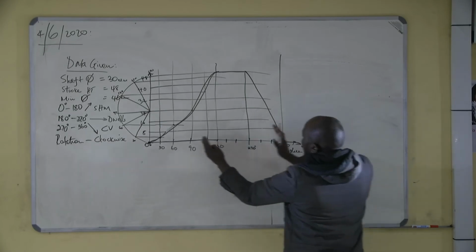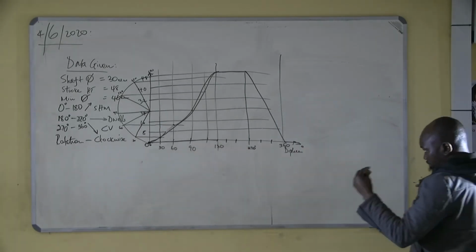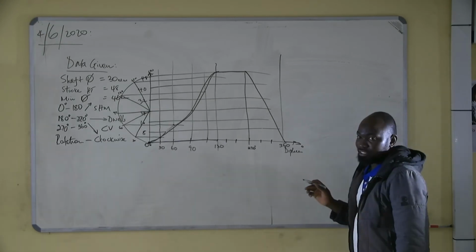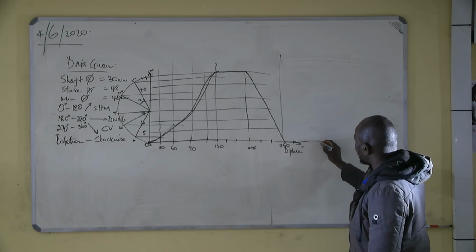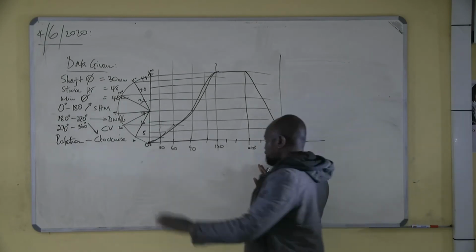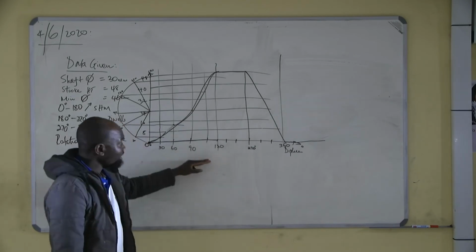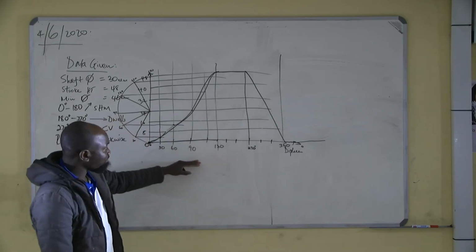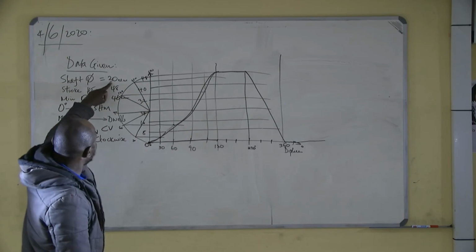Now we have to draw the profile, and they said they want the profile on the left hand side of the displacement diagram. So we draw our profile. Remember the method that I taught you on how to draw accurately and correctly the profile?